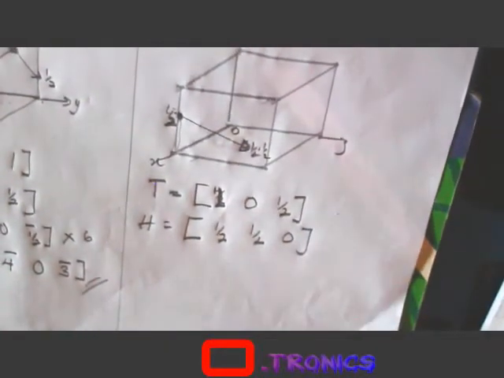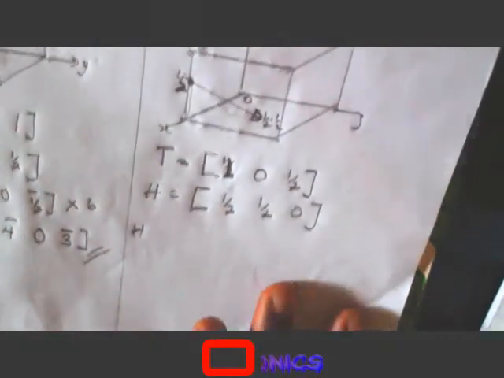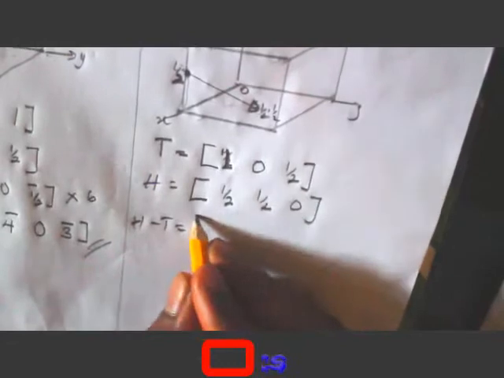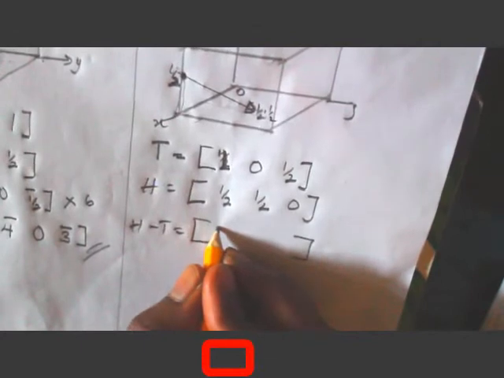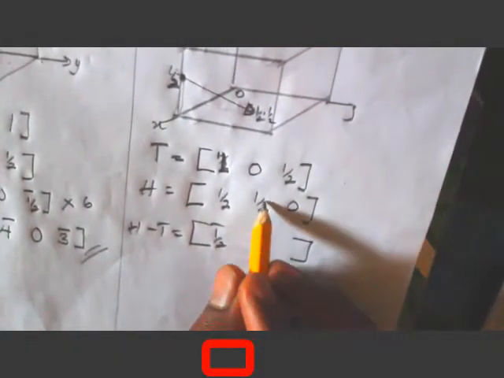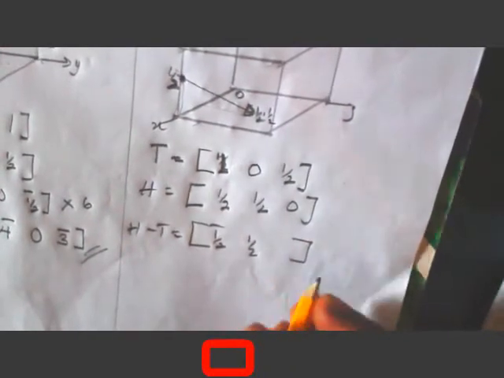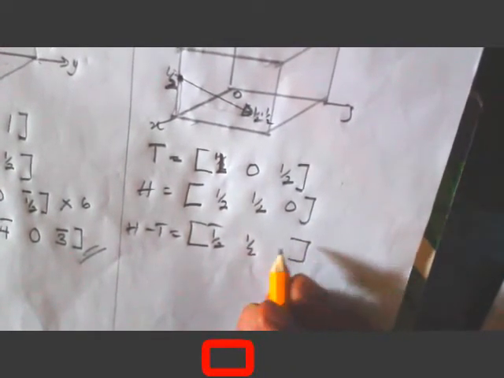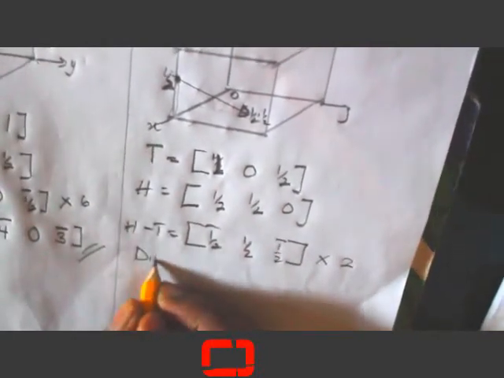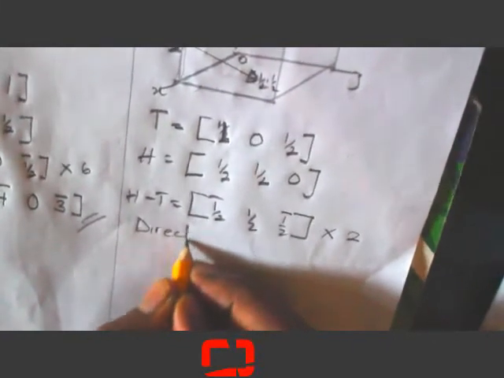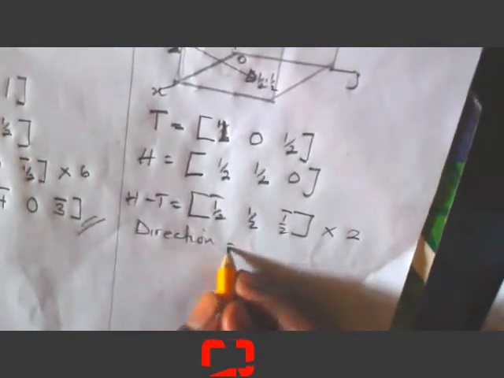So head minus tail will be equal to half minus half is 0, half minus 0 is half, and 1 minus half is half, and times 2. The direction will be 0, 1, 1. So this is the final solution.